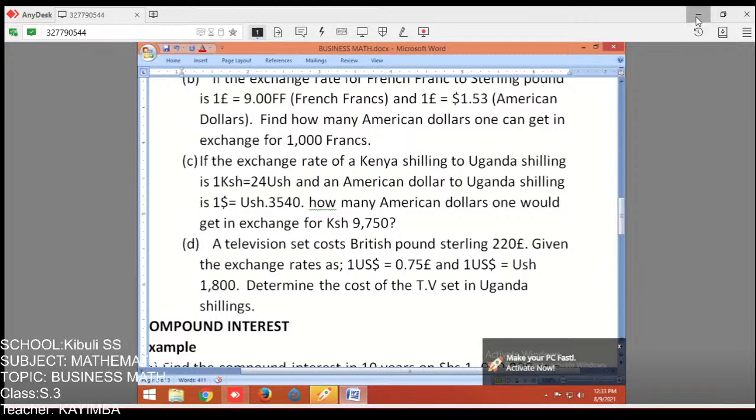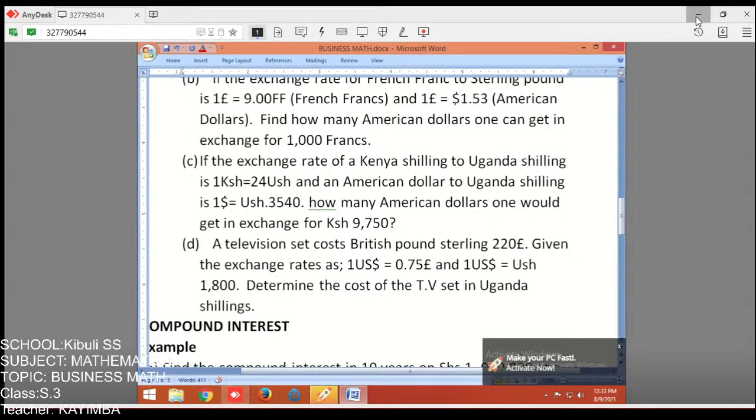B. First I converted this 220 euros to dollars, and I got 266.6666. I'm going to convert it. I've just left it. What have you started with?